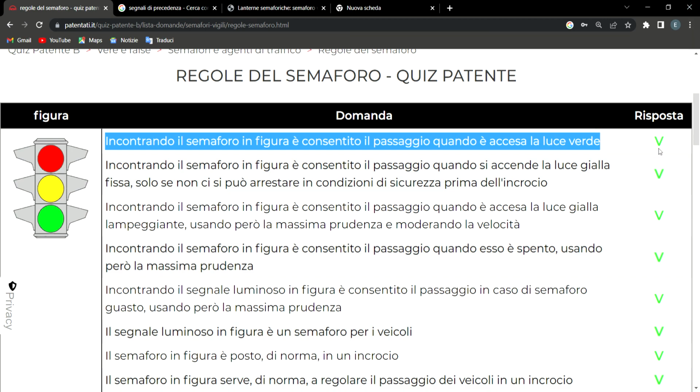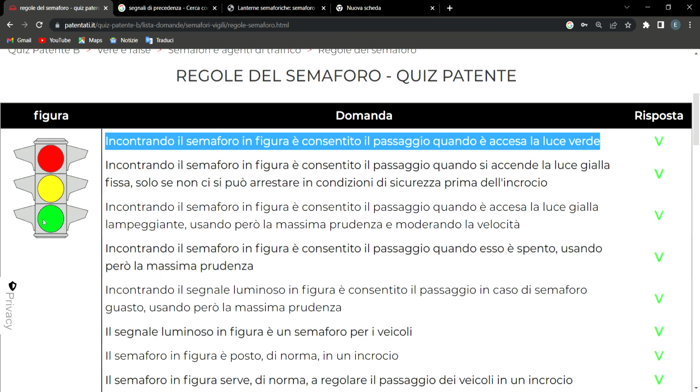But I will explain to you the reason why it's vero. In a situation like this, in a junction that is regulated with this traffic light, when the green light is put on, it permits you to continue driving.